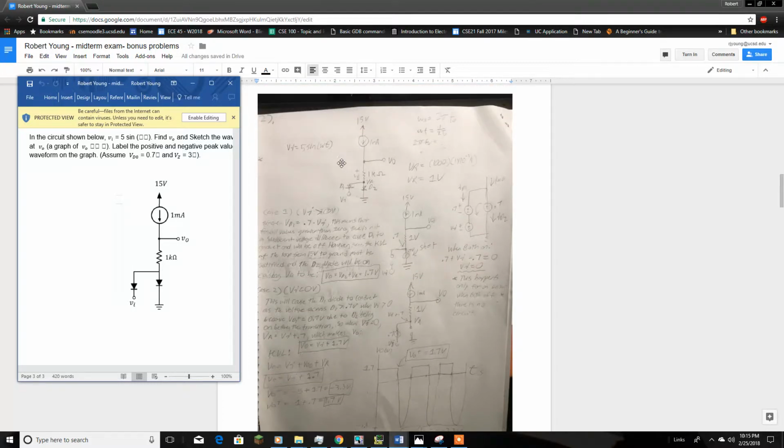So, examining the graph, we see that we have two diodes, D1 and D2, and we want to know how that affects V_out. What I did was an initial KVL where I considered that both diodes were on, performing an inner loop going through D1, D2, V_I, and ground.